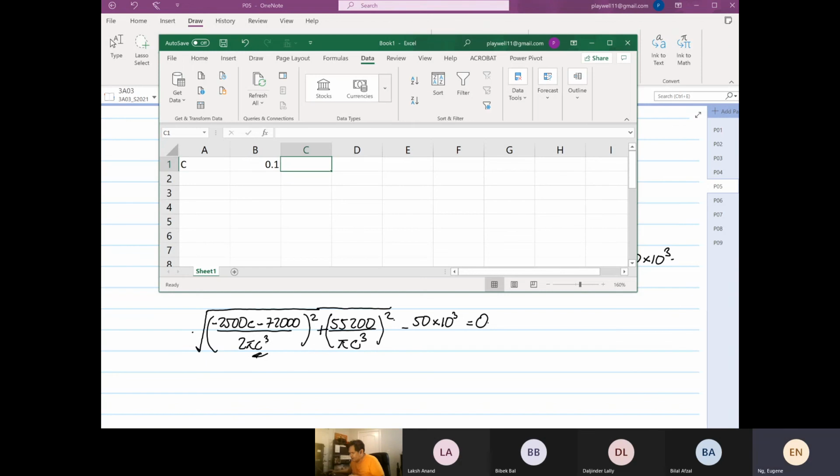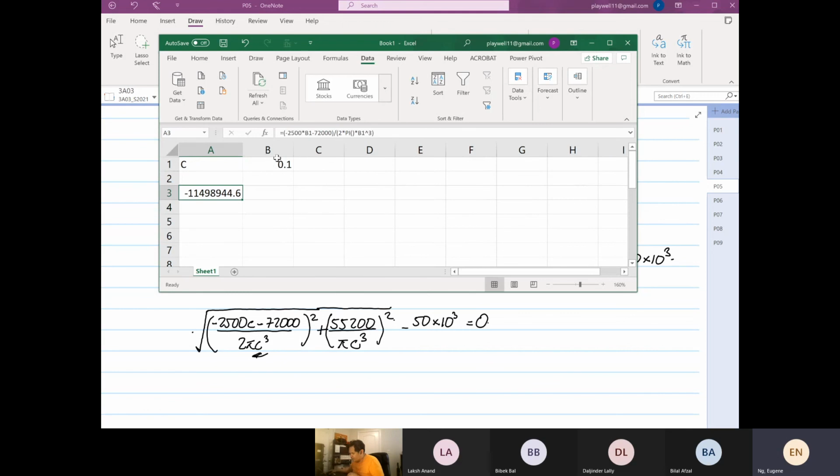Then the first term is equal to minus 2500 multiplied by C minus 72,123. Then I'm going to close the bracket and divide by 2 times pi times C to the power of 3.